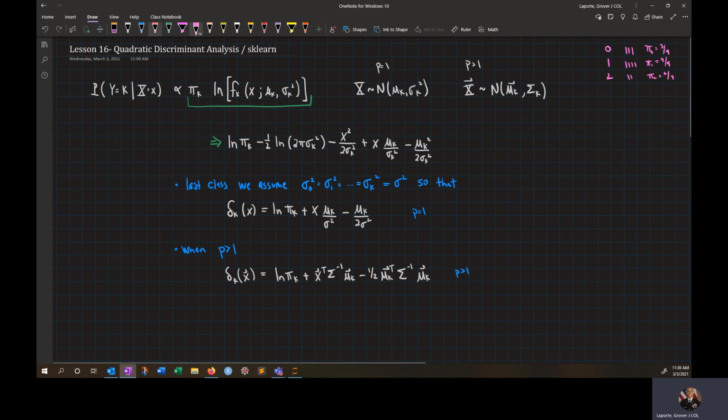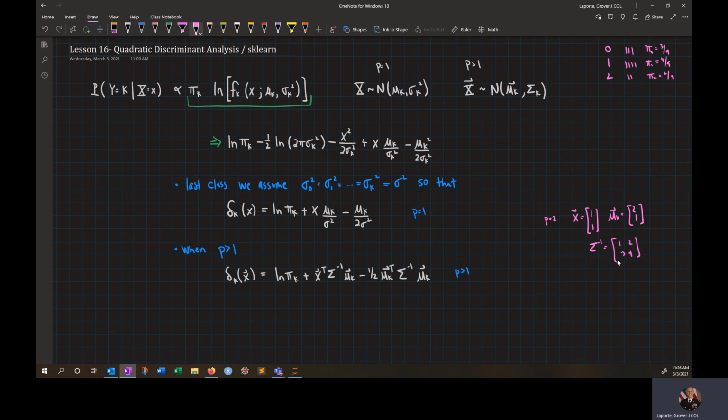I'll just give you an example here real quick. So suppose that p is equal to 2. I'm just going to show you with p equal to 2. So my x, let's just give an example, maybe x is 1, 1. And maybe mu k is 2, 1. Then sigma inverse would be some, I got some really good imagination here, 1, 2, 3, 4, right?